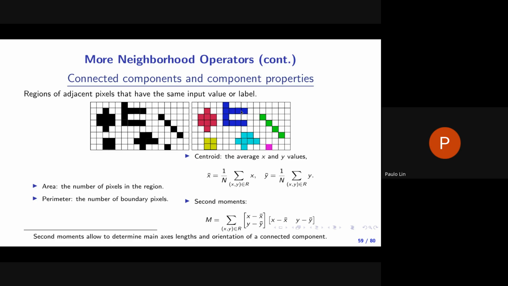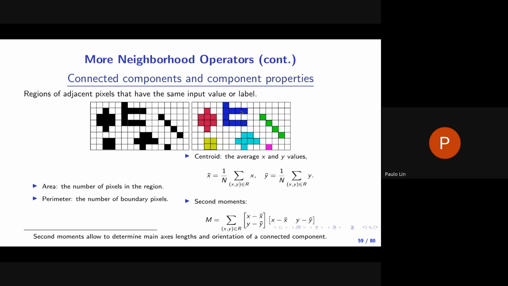And after obtaining these connected components, their morphological properties can be further analyzed. For instance, we can compute the area, which is just the number of pixels comprising the connected component. We can compute the perimeter, which is the number of boundary pixels of this connected component.